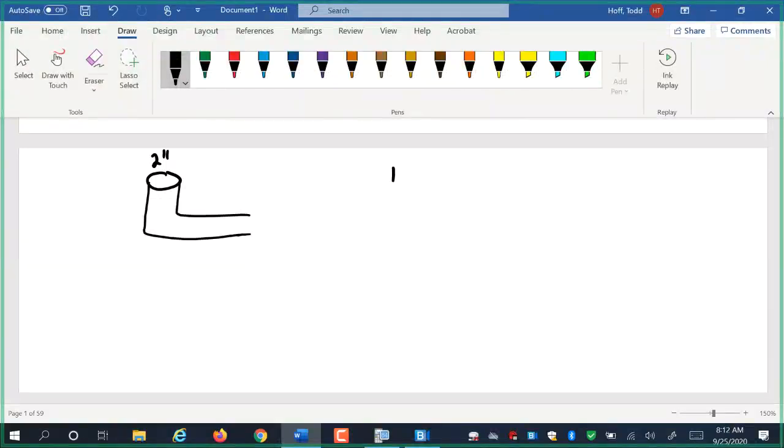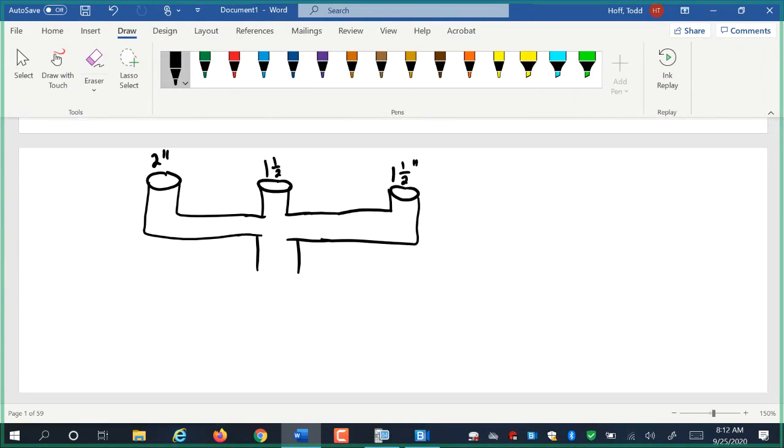Let's say we've got a 1.5-inch drain coming from a sink. And we'll go with another 1.5-inch drain coming from another sink. And these are all coming in together here to juncture. What size pipe do we need coming out of that juncture in order to handle that flow?